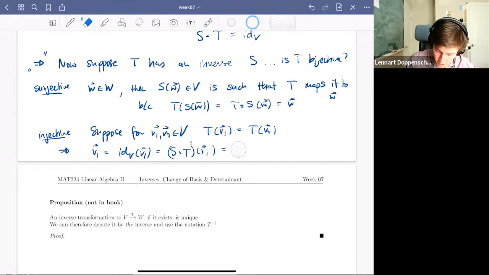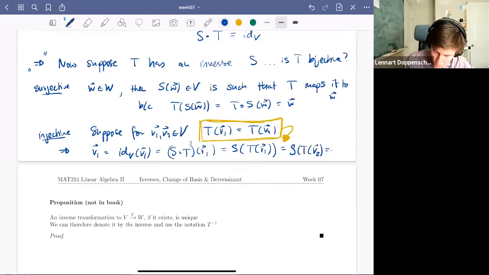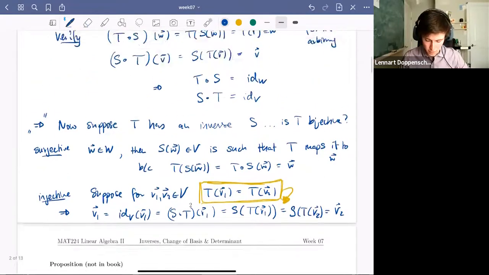But now we use that T of V1 is equal to T of V2, so we can just replace, this is the assumption. This starting point of injectivity, where we always assume this when we show injectivity, is exactly being used in this step. So this is S of T of V2, and this is V2, because S and T are inverses. So we've shown that if the values under T of V1 and V2 are equal, then V1 and V2 have to be equal, just because there's an inverse.